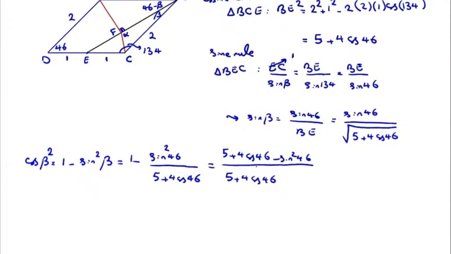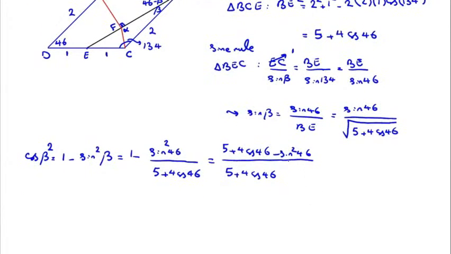Okay, now let's simplify. Here I consider 5 as 4 plus 1. 1 minus sine squared 46 will be cos squared 46, so the numerator is 4 plus 4 cos 46 plus cos squared 46, all over 5 plus 4 cos 46.